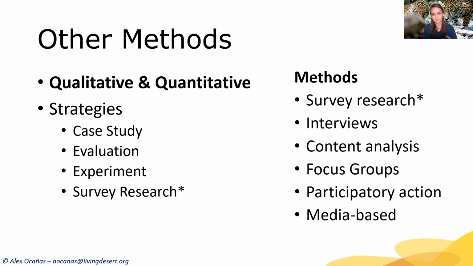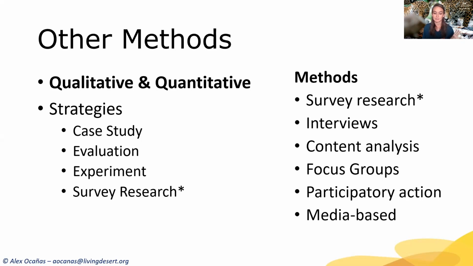So for example, here we describe survey research as a method, but you may very well see that described also as a general research strategy or research approach. The same thing can go for case study. Sometimes it's described as a strategy, other times it's described as a method.